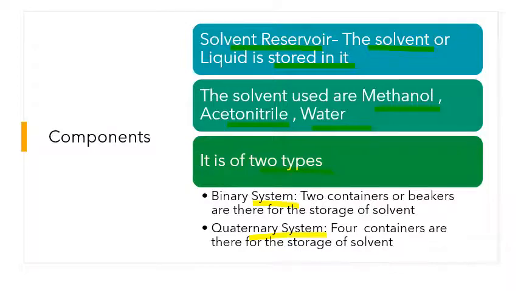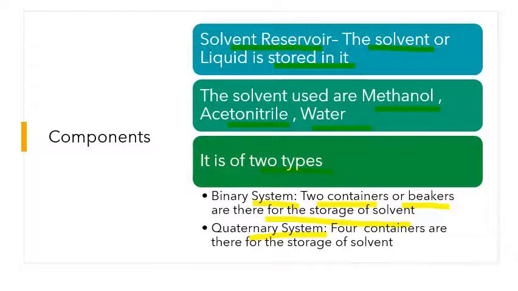What is a binary system? As you have seen in the picture, the binary system contains two containers or beakers to store the solvent. If we have two containers in which the solvent is stored, that type of system is a binary system. So in the picture you have seen two containers, and that type of HPLC has a binary solvent reservoir system.